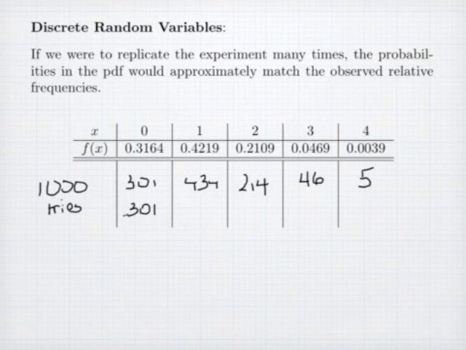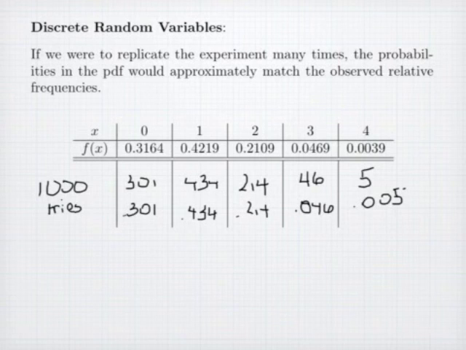For a 1, it would have been 0.434. For a 2, 0.214. For a 3, 0.046, and for a 4, 0.005.